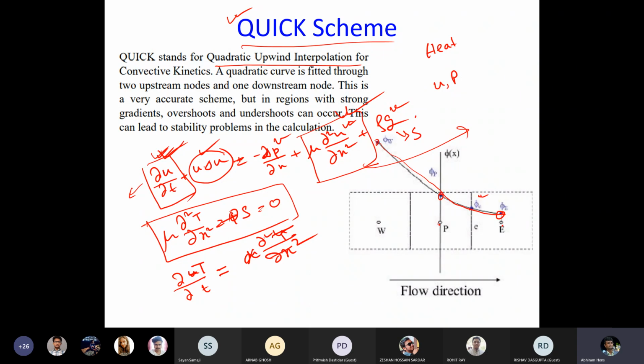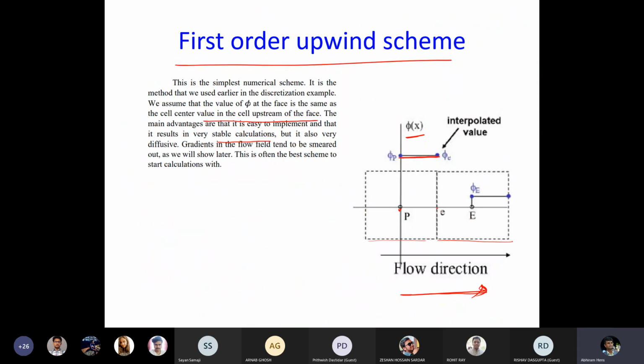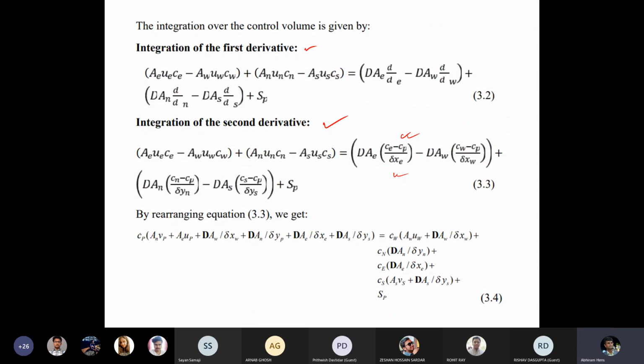So we tried to take a convective equation like this, where we have not taken the steady state term, this term was there and this term was there. So the equation was u into del u equal to mu into del 2u del x square. This part we tried to solve via the finite volume method, and in doing so you see that the interpolation scheme is important.